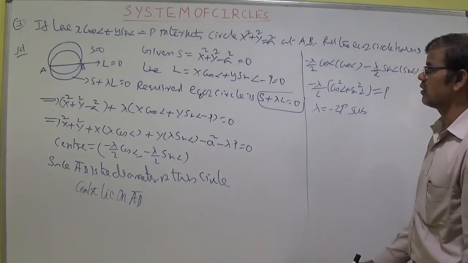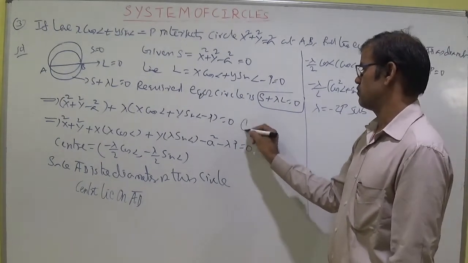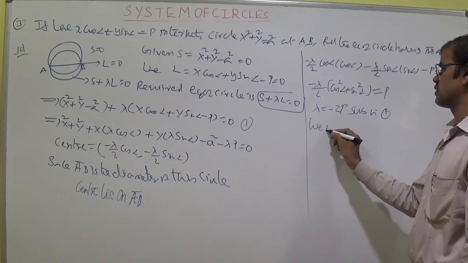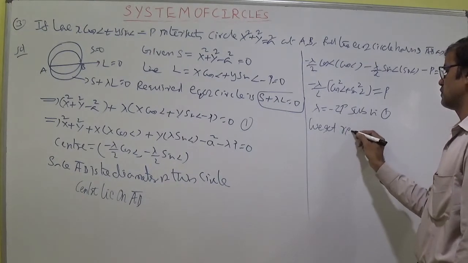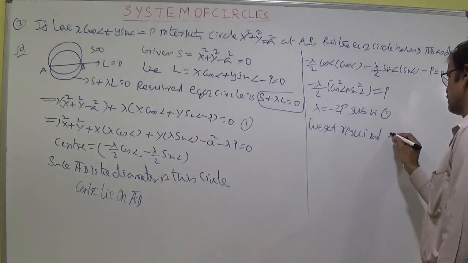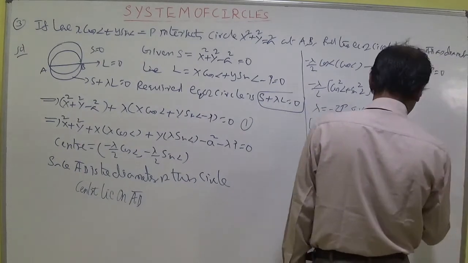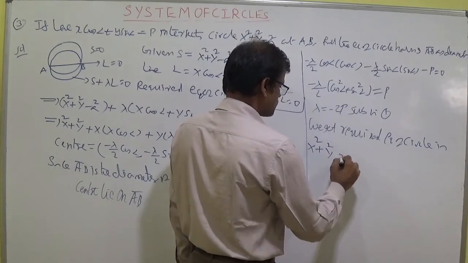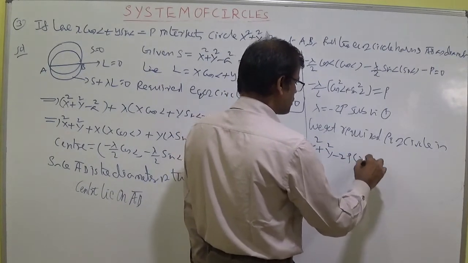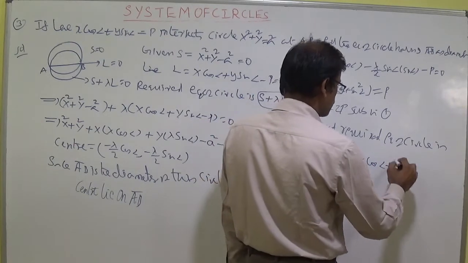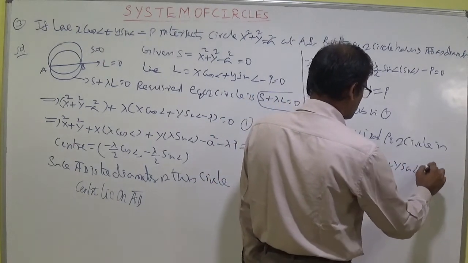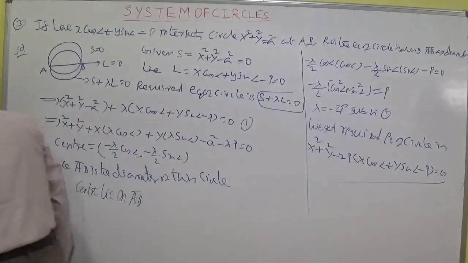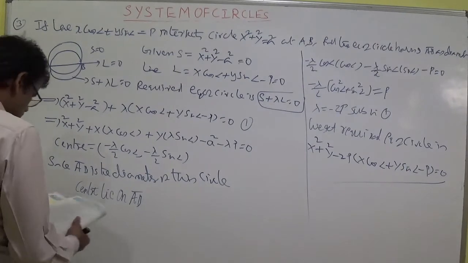Substitute this lambda in equation 1, and we get the required equation of circle: x square plus y square minus 2p into x cos alpha plus y sin alpha minus p equal to 0. That's all. This is the required equation of the circle passing through the points of intersection of the circle and the line.